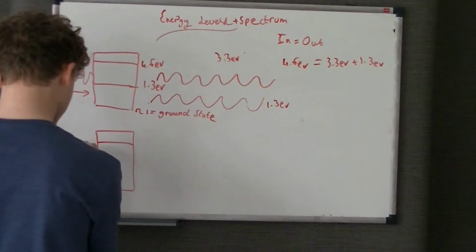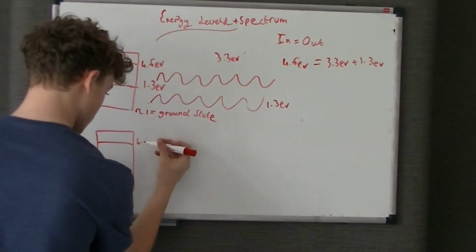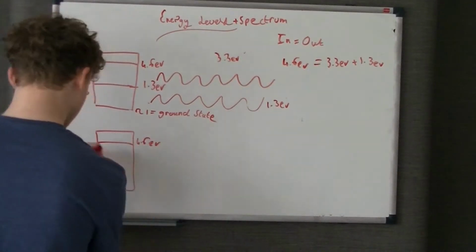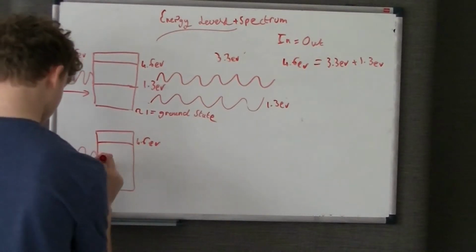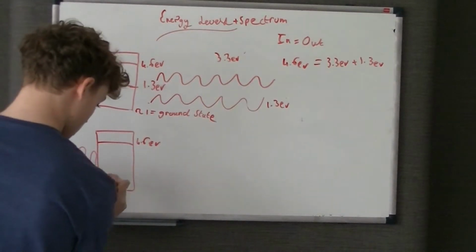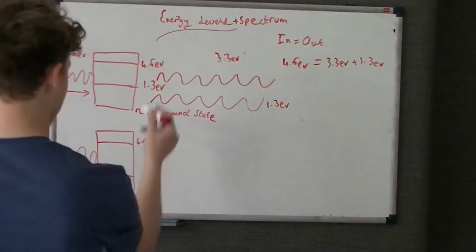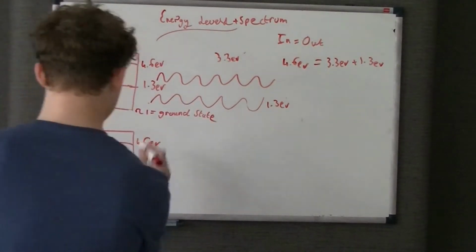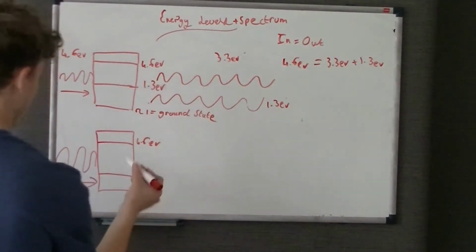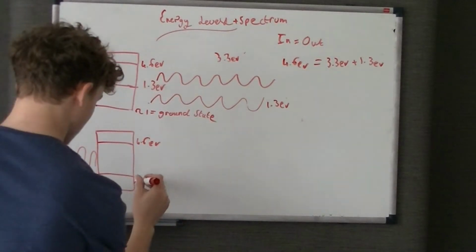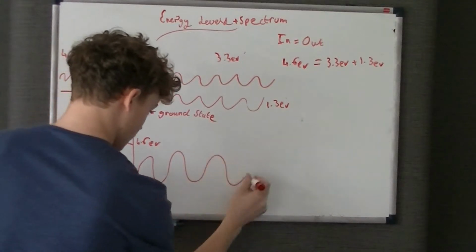Now what we could do is skip these steps and just go straight from the 4.6 eV photon. So we've got 4.6 eV. Now I'm not going to draw the other ionisation level and write the label next to it. I'm just going to draw another photon.